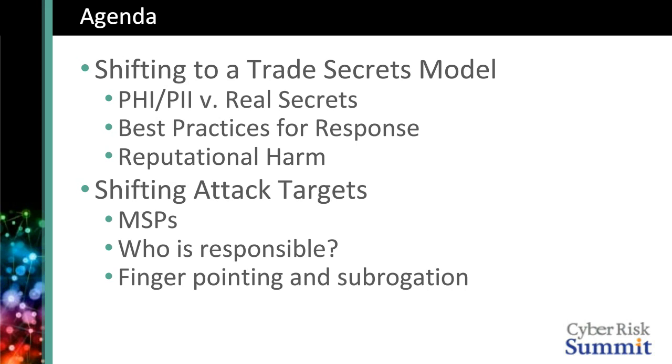And typically, the data that they are holding for ransom in terms of the threat to release is not necessarily PHI or PII. Most companies know they're going to have an obligation to notify people about that information being exposed anyway.